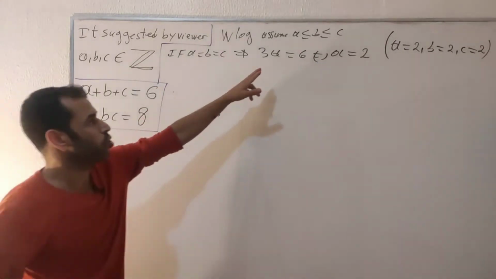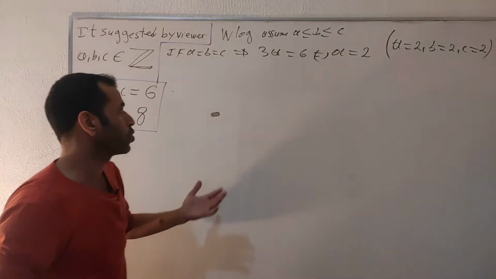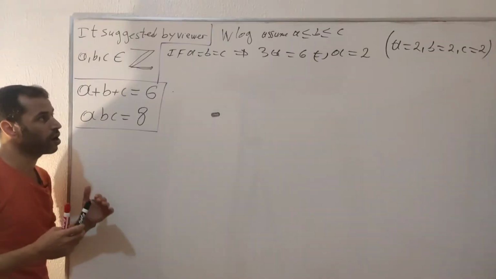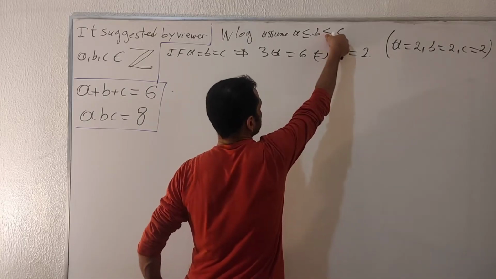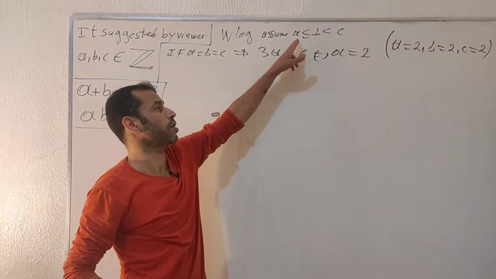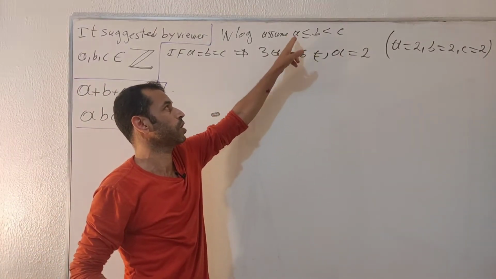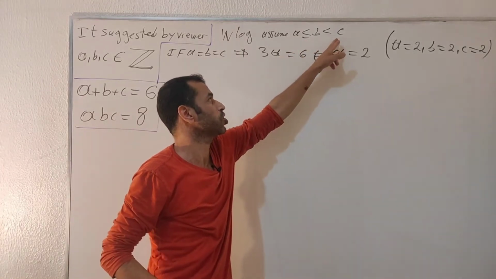Since we are working with a smaller than b, b smaller than c, we are going to assume a and b are the negative integers. I'm going to assume c is strictly greater than them, because we may have a equals b, we don't know yet, but b is clearly strictly less than c.